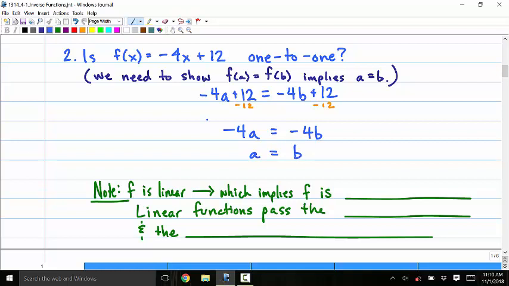So if I started out with 2 y values, f of a equal to f of b, I just showed that a had to be equal to b. That meets the condition of a function being 1 to 1. So yes, that function is 1 to 1. We're going to come back to the green part in just a second. Let's go look at number 3.